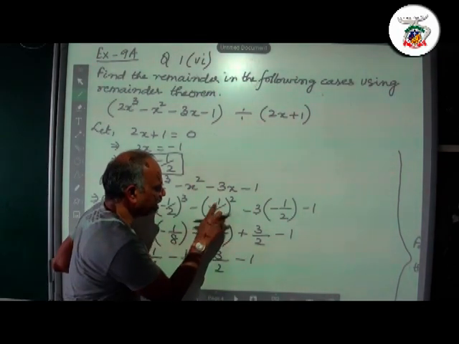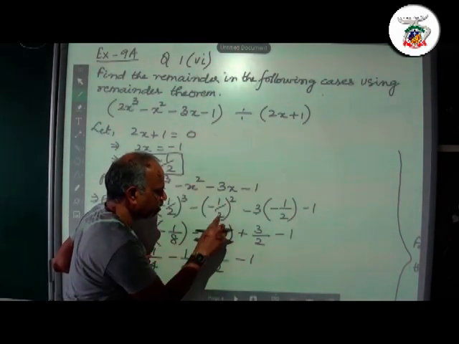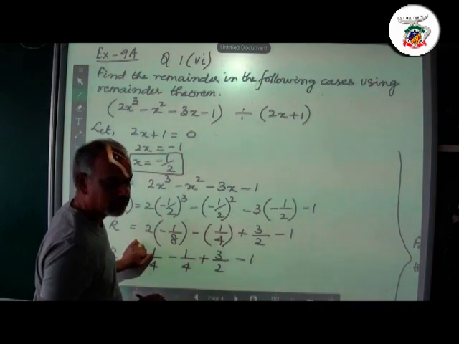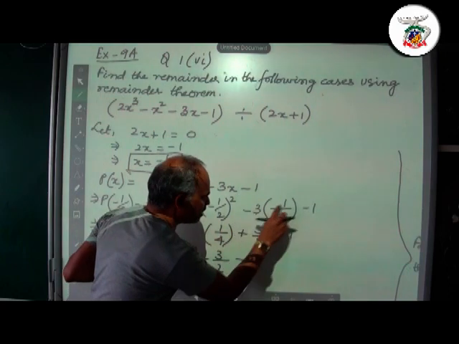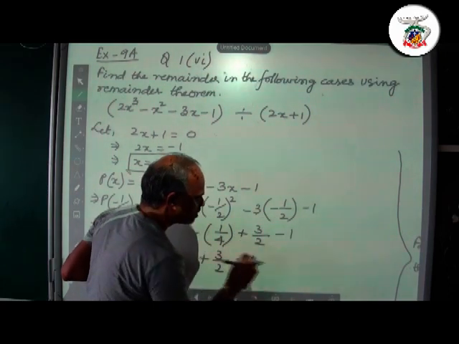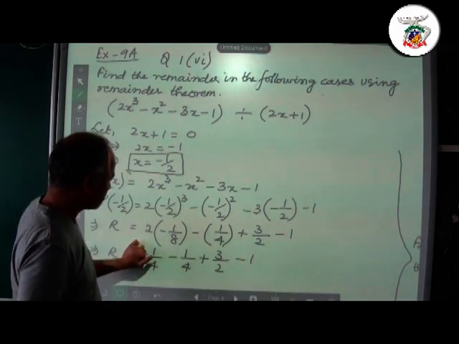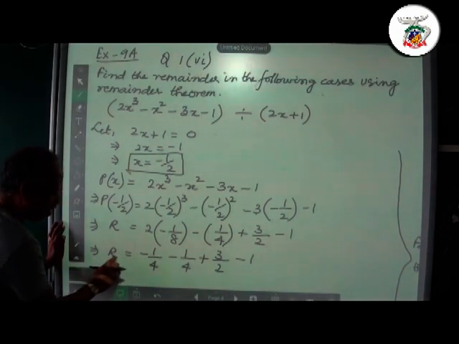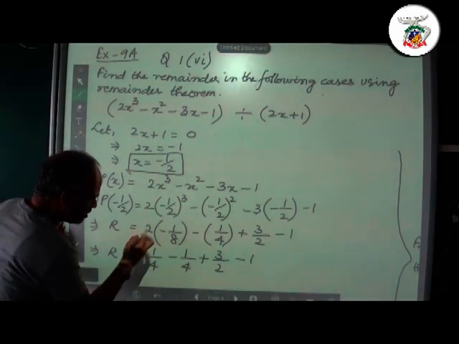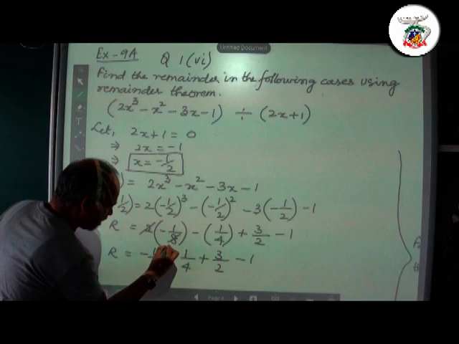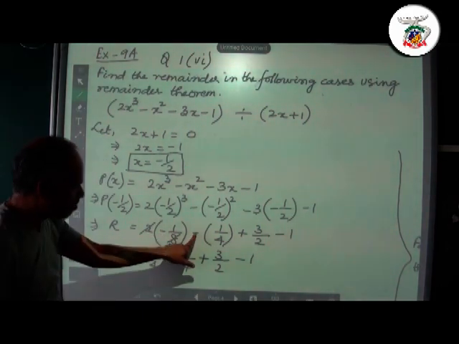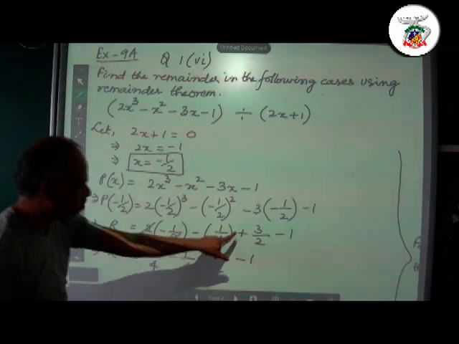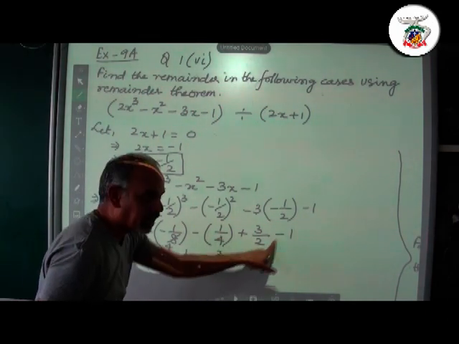Squaring this, minus 1 squared is 1, and 2 squared is 4. Now to multiply this, minus into minus gives you plus 3 into 1, that is 3 divided by 2, minus 1. Then you can cancel: 2 and 8 can be cancelled 4 times. So this gives you minus 1 by 4, minus 1 by 4, plus 3 by 2, minus 1.